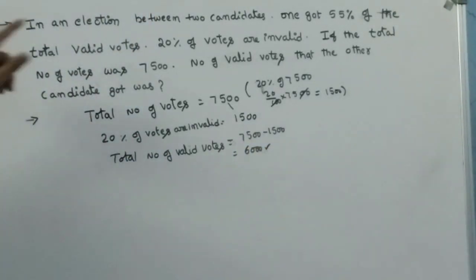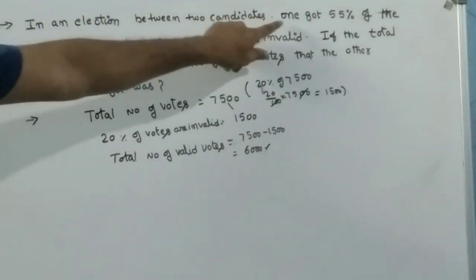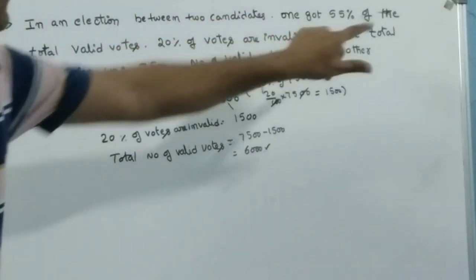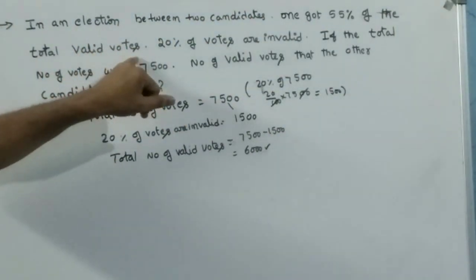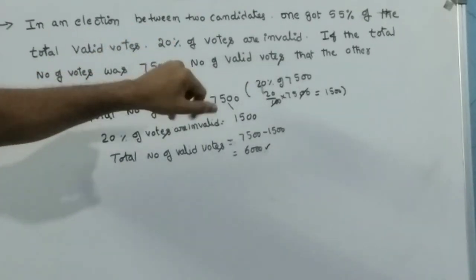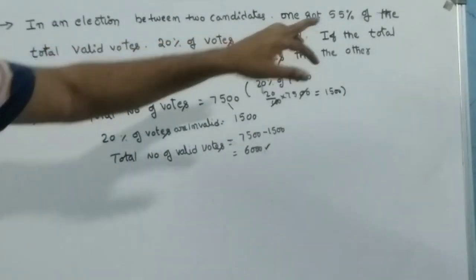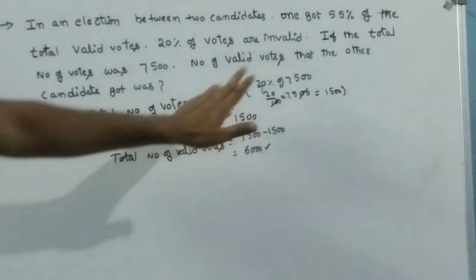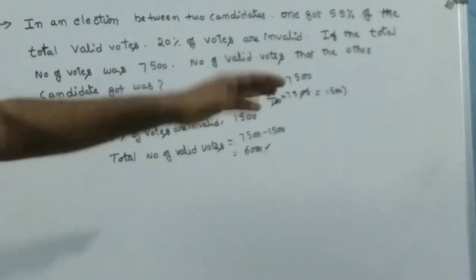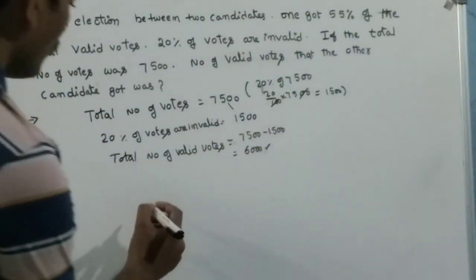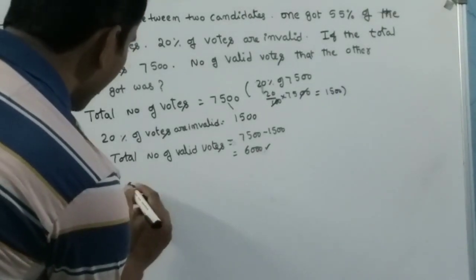See friends, what he has given in the first sentence: one got 55% of the total valid votes. This means the remaining 45% of the valid votes the second candidate got. That is the answer. So now, second candidate votes.